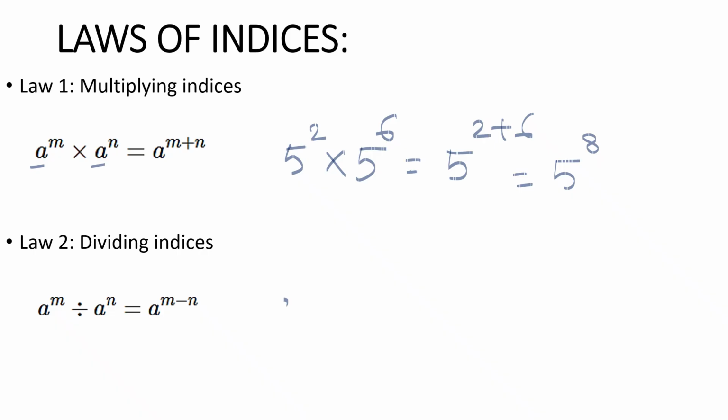I have 6 to the power 8 divided by 6 to the power, let's just say, 5. Now what does the rule say? The base, you will write as it is. So I have 6 as my base and then I will just subtract the powers. So it will become 8 minus 5.